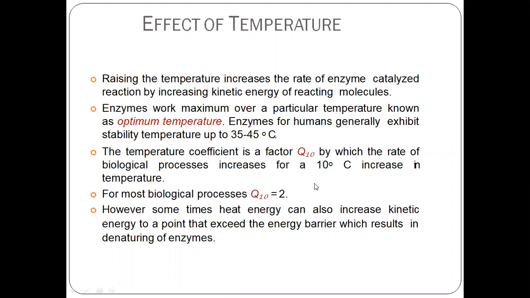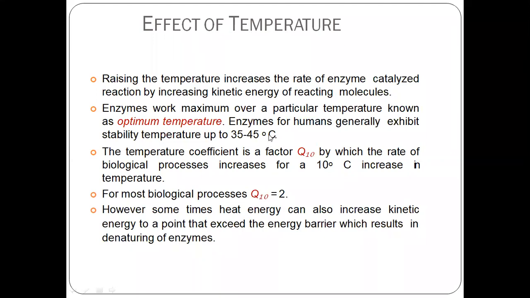One more important thing to notice here is that every enzyme has an optimum temperature, and most of the enzymes, except thermophilic enzymes, which are generally present in very hot conditions and are stable till 90 degrees centigrade, are stable only between 35 to 45 degrees centigrade.